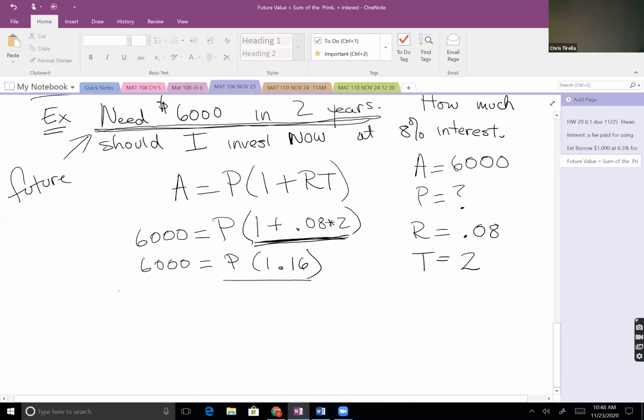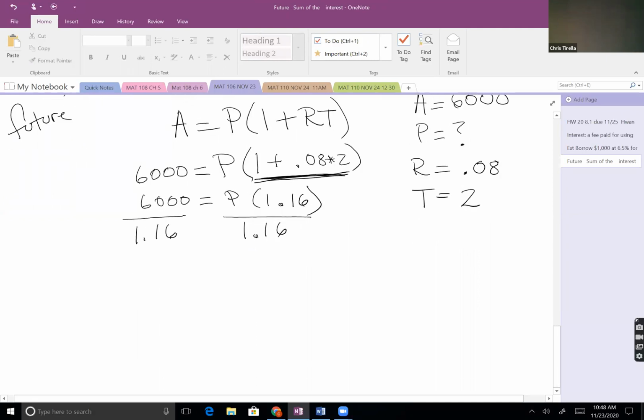And then to solve, this time we just divide by the 1.16. I want to write it all out for a minute. Doing that division, I got P equals 5172.4133793.